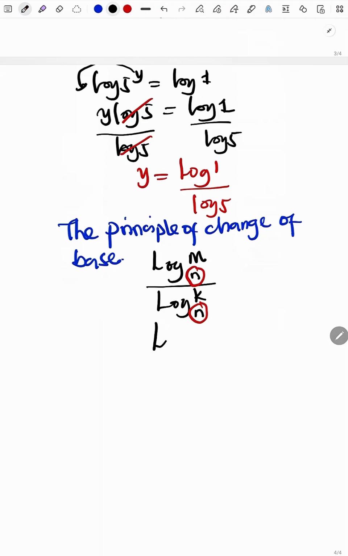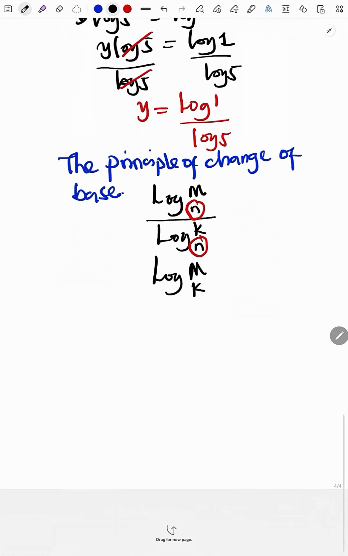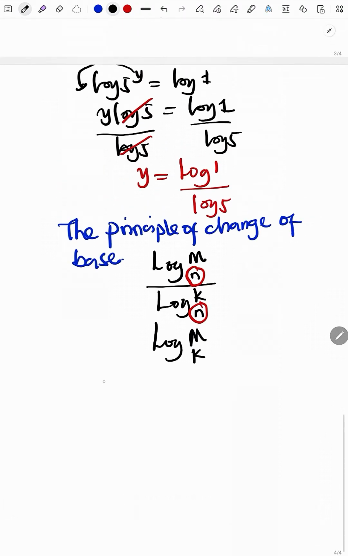This would be log m base k. So in this case, we have here that y is equal to log 1 divided by log 5.